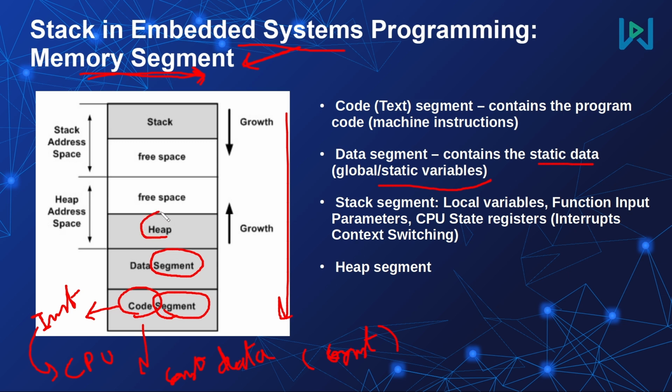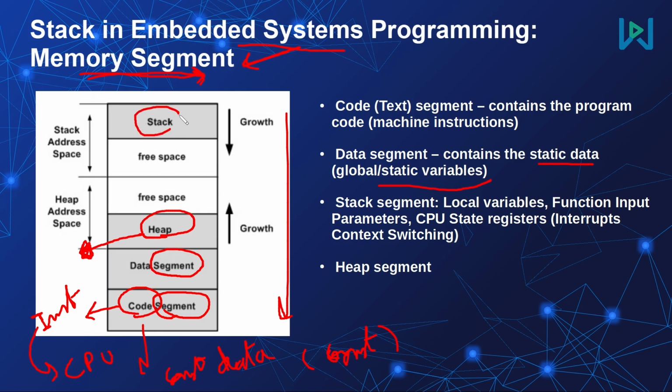Then we'll have another section and memory segment to be allocated for the heap. The heap is used mainly to allow the dynamic allocation of the different structures and variables.